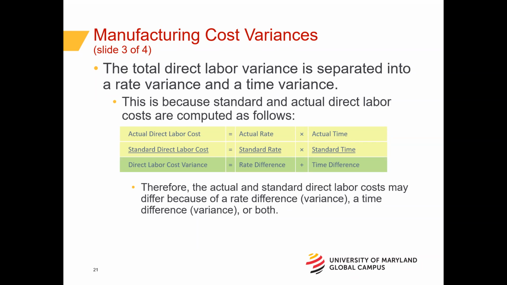We get the direct labor cost variance by taking the rate variance plus the time variance. Remember, the word variance means difference. So the actual and standard direct labor cost may be different because of a difference in the rate or a difference in time, or both. It's usually both.